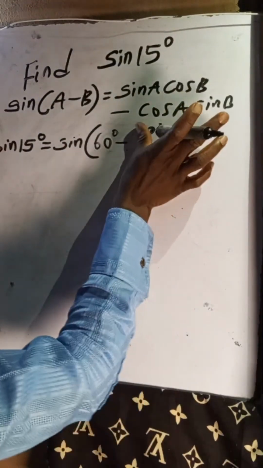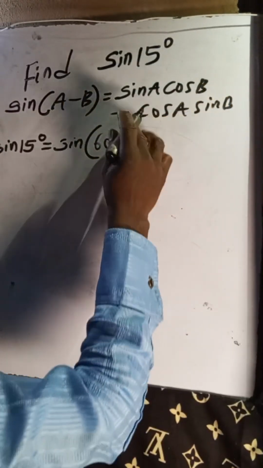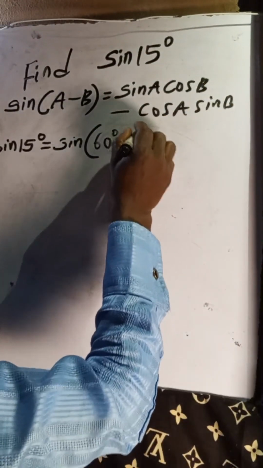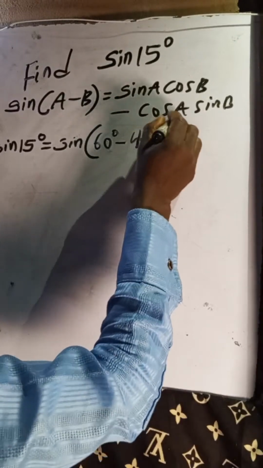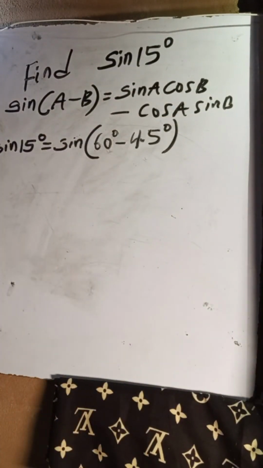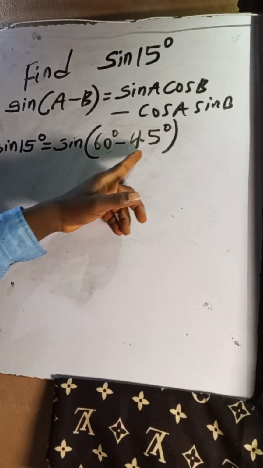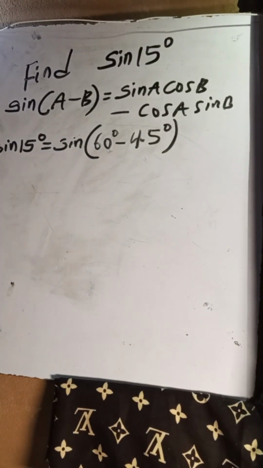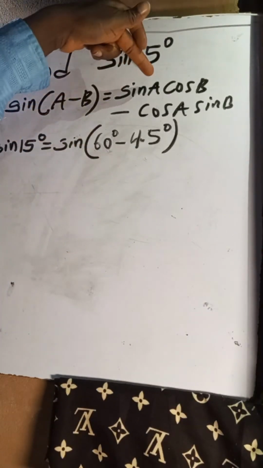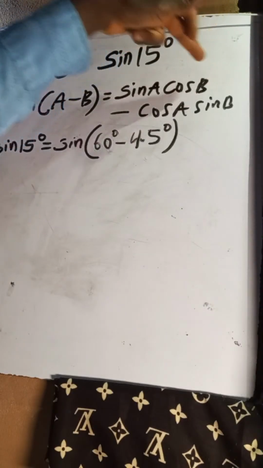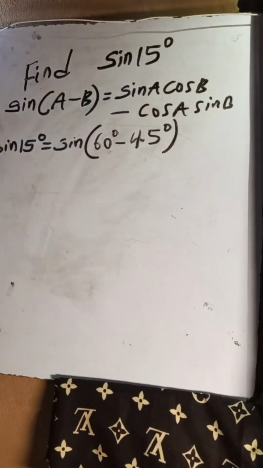It's 60 minus 45 degrees, because 60 minus 45 will give us 15. Then we can go ahead and put 60 here, 30 here, and that will give us the answer without stress at all. So let's proceed and get it.